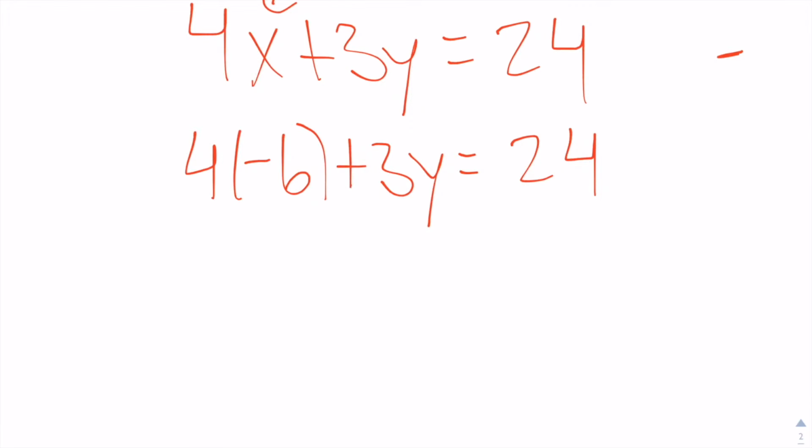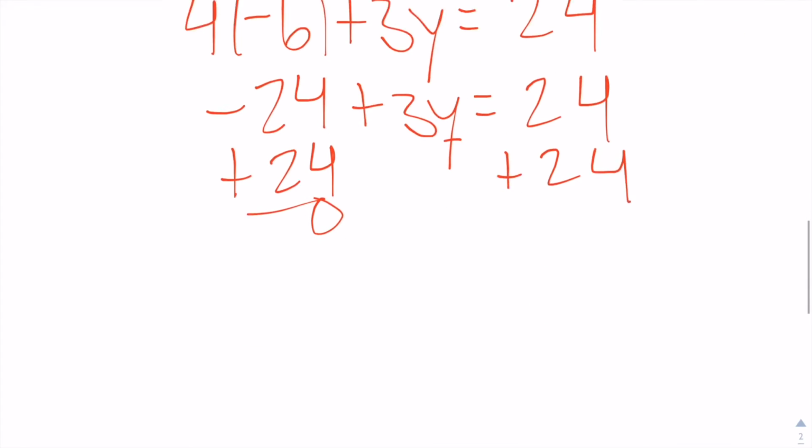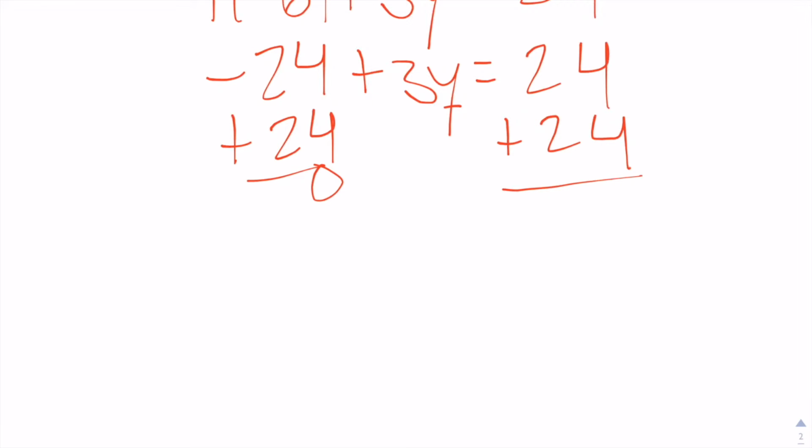4 times -6 is -24 plus 3y equals 24. And again, we're just going to solve for the variable y. So let's go ahead and move everything over. Add 24 to both sides. And you're going to be left with 3y equals 24 plus 24 is 48.